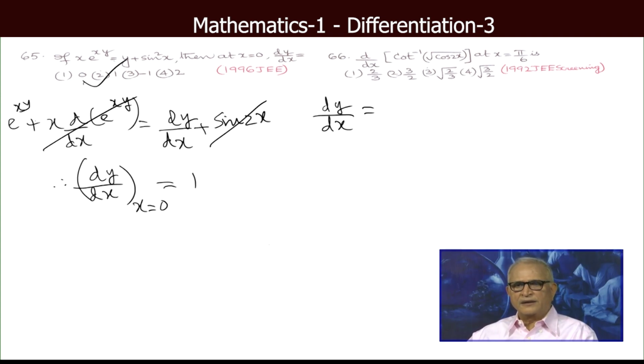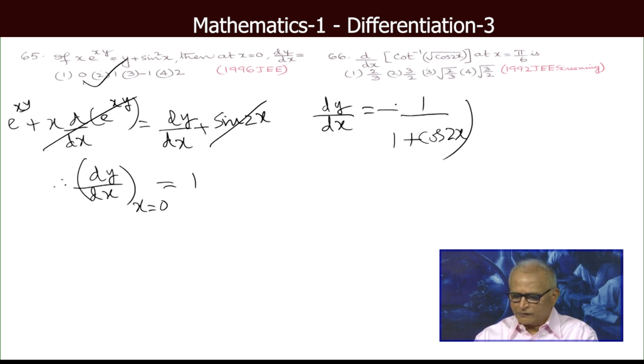Arc cotangent t, where if I write t equal to root cos 2x, the given function is arc cotangent t, y is arc cotangent t. The derivative is minus 1 by 1 plus t square, that is 1 plus cos 2x, into derivative of root of cos 2x, square root of u, 1 by 2 root u.